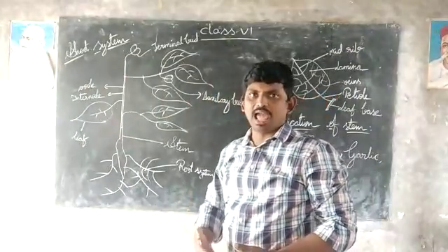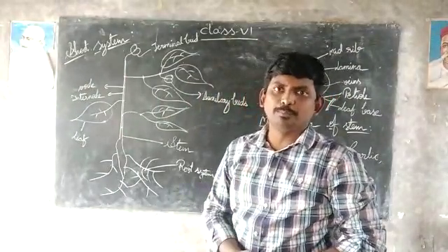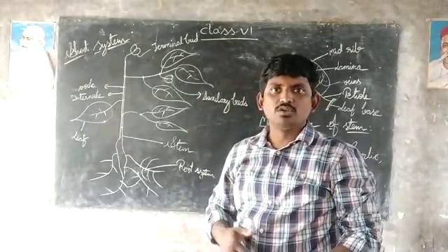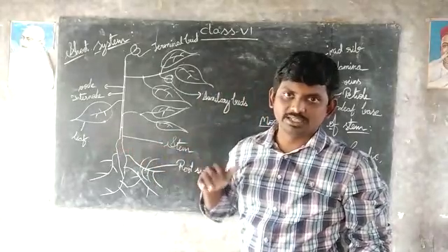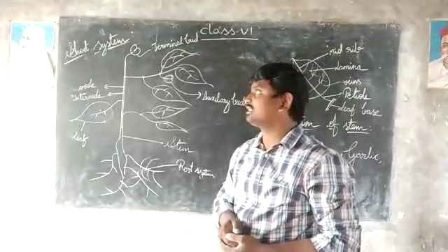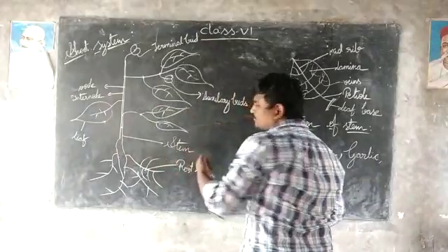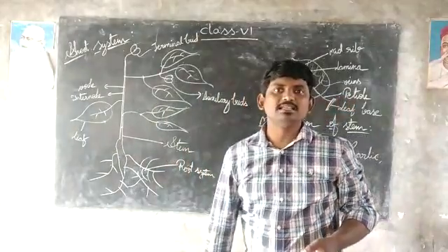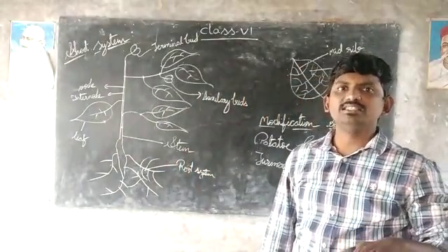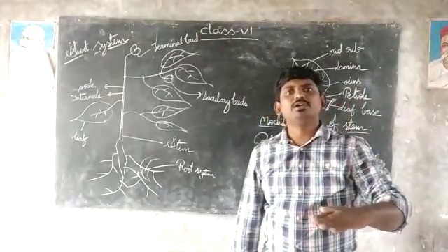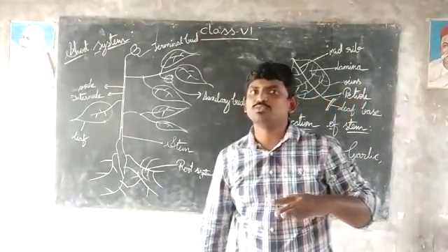The part of the plant which grows on the surface of the earth, that shoot system could be called the stem of the plant. Root system, you are aware of that very well.